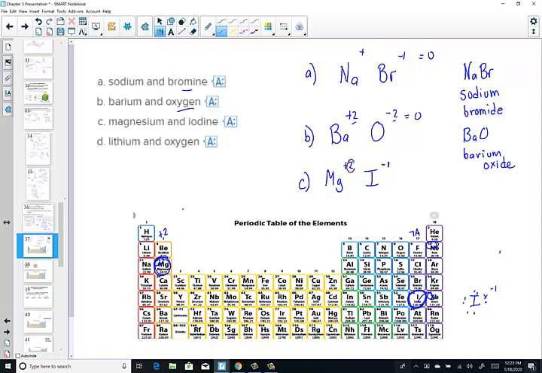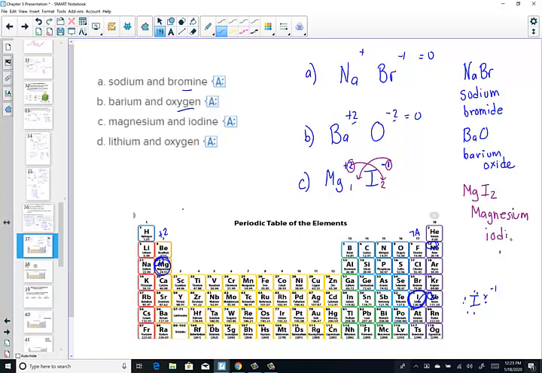So we crisscross. We bring the 2 around and down, and we bring the 1 around and down. Mg1, I2. To clean that up, we would write MgI2. This would be called magnesium iodide.